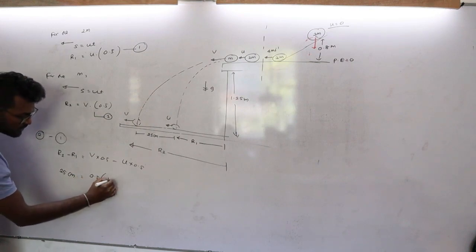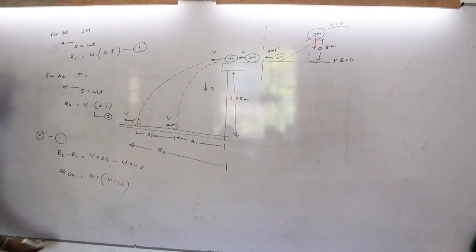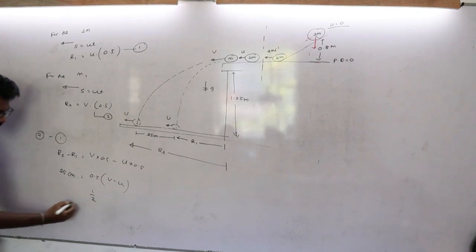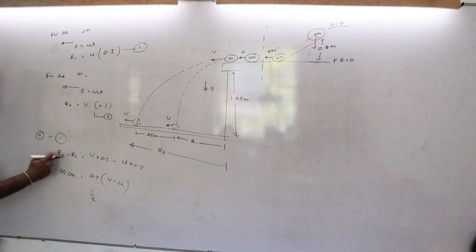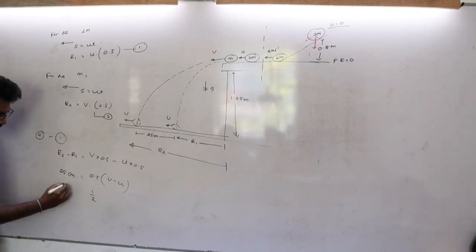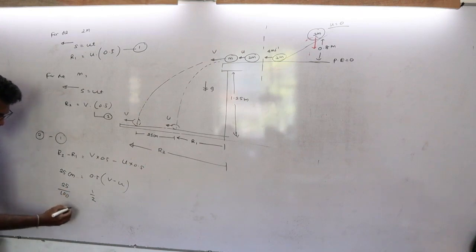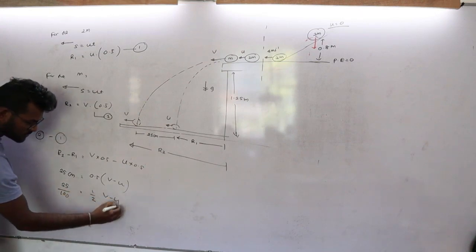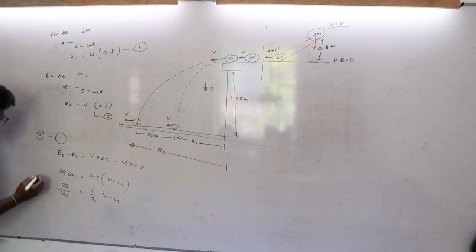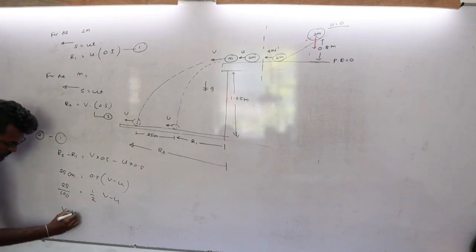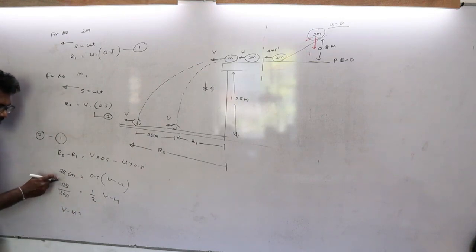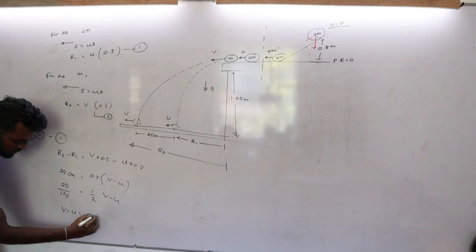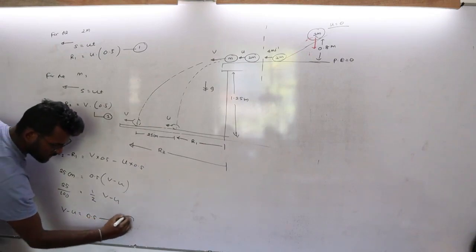I'm going to take it out, v minus u. 0.5 means half, and let me convert this 25 to meters, and that should be equal to v minus u. So I can multiply this to this side. So v minus u is equal to, it will be 50, so it will be 0.5. I'm taking this one as the third equation.